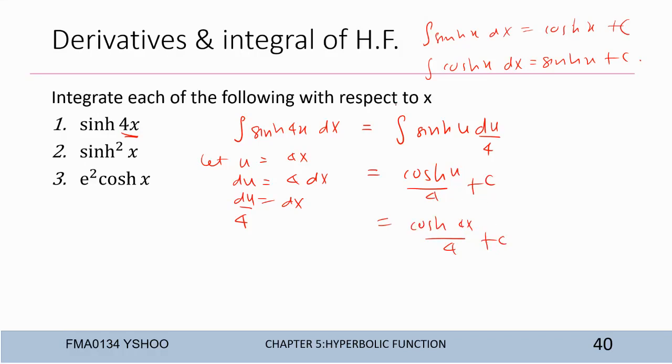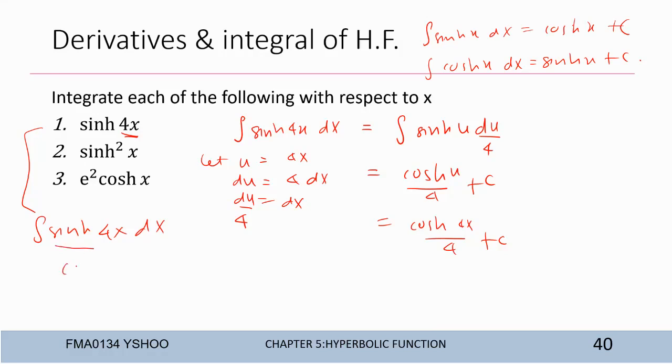Okay, but for the students who are already quite familiar with this kind of 4x, which is linear, what you can do is this: when we talk about the derivative, we multiply by 4 in front. For the integration, we're going to divide. It means that I want to integrate sine 4x.